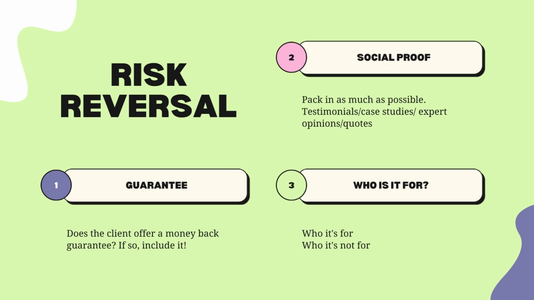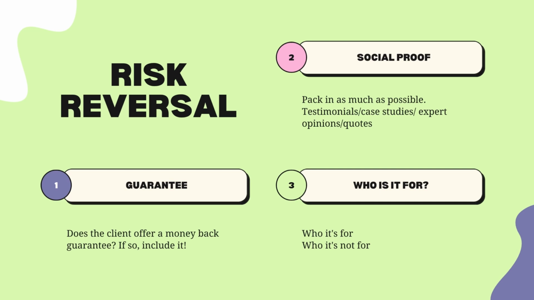The second risk reversal element is social proof. Now, if your client has testimonials, use every testimonial that you can, even if it's not a testimonial specifically for this particular product, but say it's a testimonial for the person teaching the course, or your client specifically. Put it in anyway.